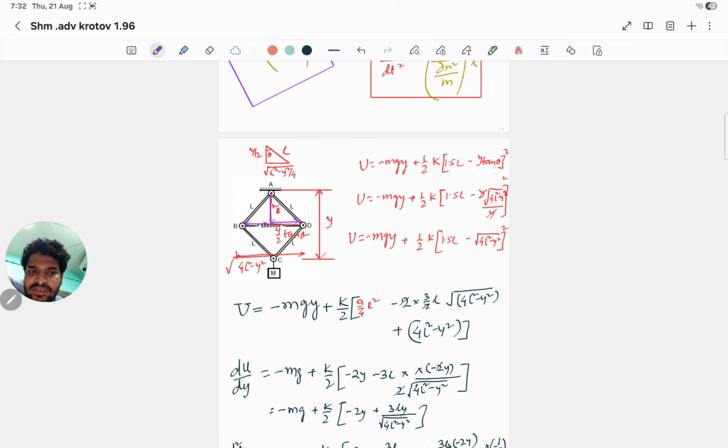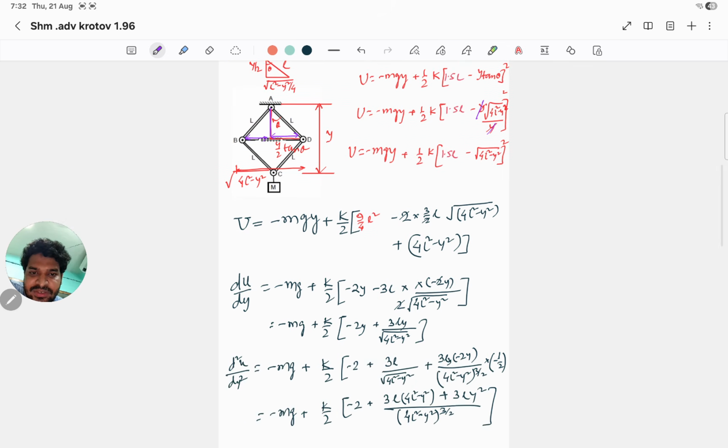Y gets cancelled out, you just put the value of tan theta, that is root of 4L square minus y square by y, and y gets cancelled out. So the value becoming u is equal to minus mgy plus k by 2 times 1.5 L minus root of 4L square minus y square, whole square. Just you need to differentiate it.